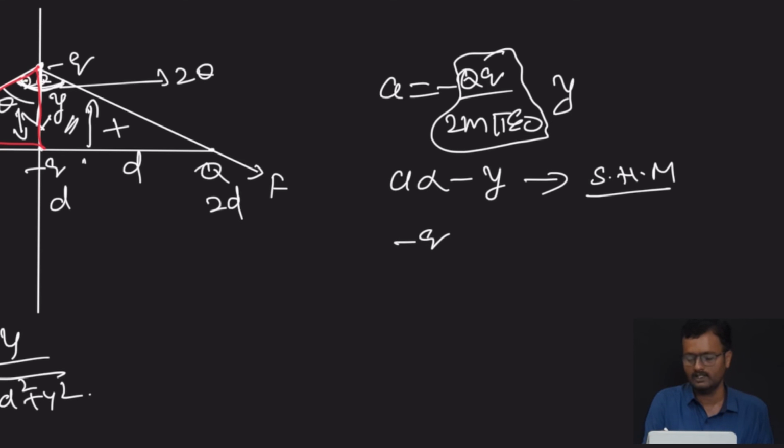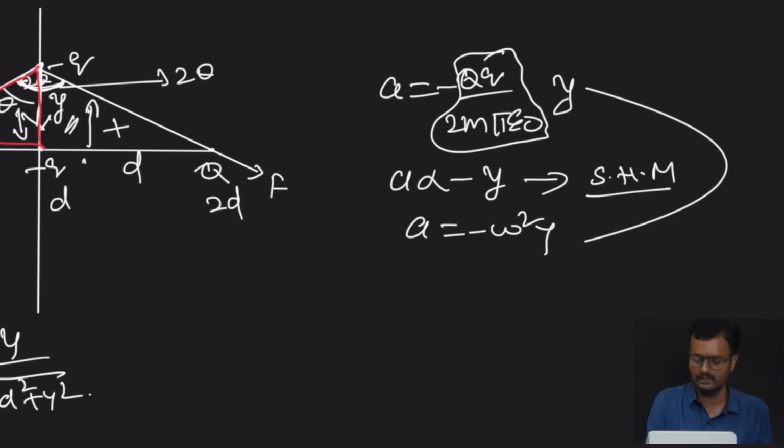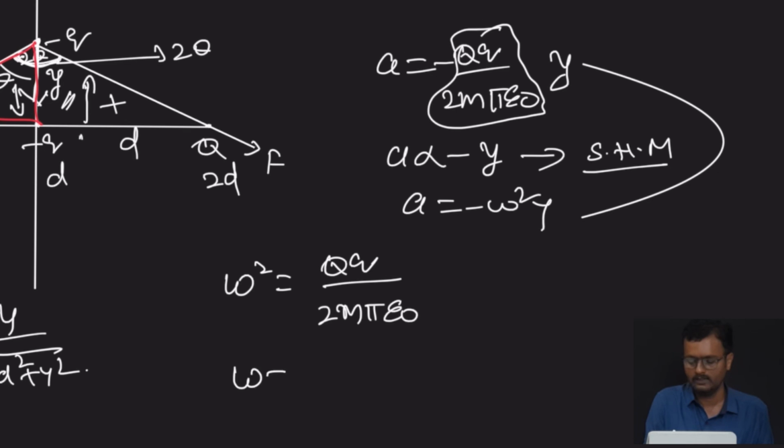Minus Q oscillates about the mean position. We know a is equal to minus omega square y. Comparing these two equations, we get omega square is equal to Q by 2m pi epsilon naught d cubed, hence omega is equal to square root of Q by 2m pi epsilon naught d cubed.